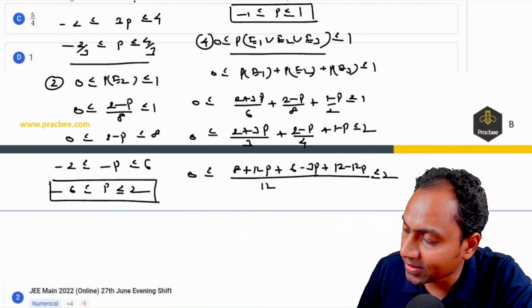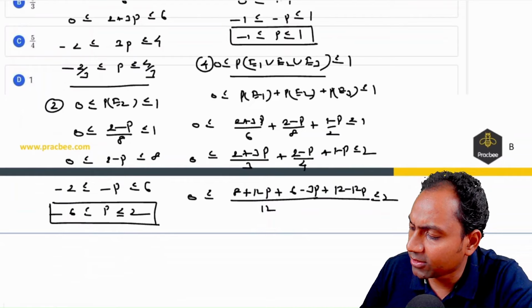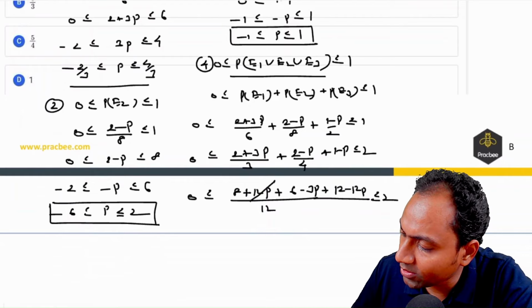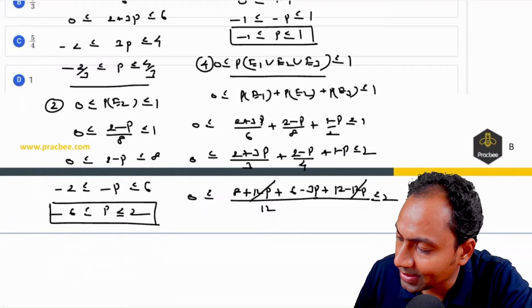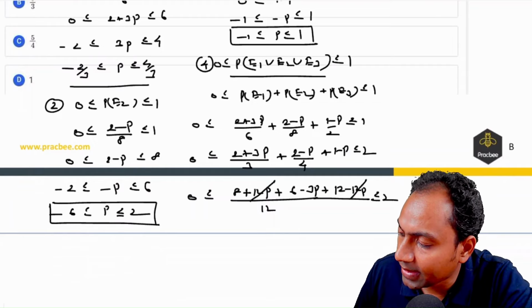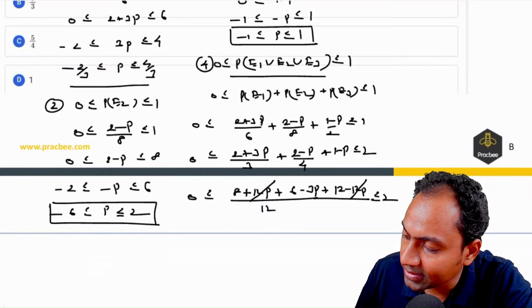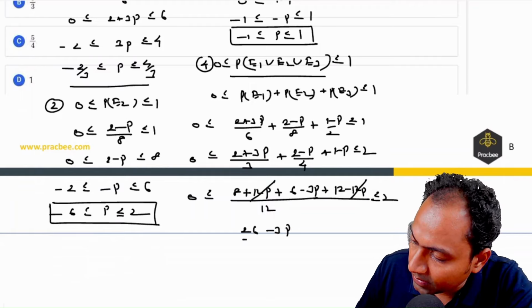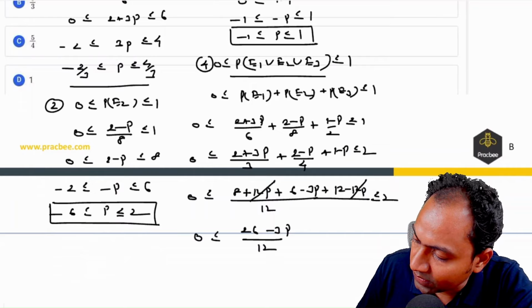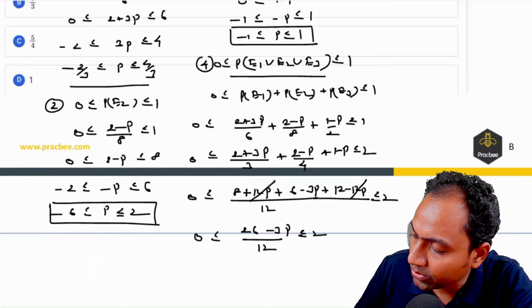Again, if I simplify this, it is not a very difficult thing to do. You can see that 12P and 12P get cancelled out. So we have 12 plus 6, that is 18, and 18 plus 8, that is 26. So this is 26 minus 3P by 12, which lies between 0 and 2.